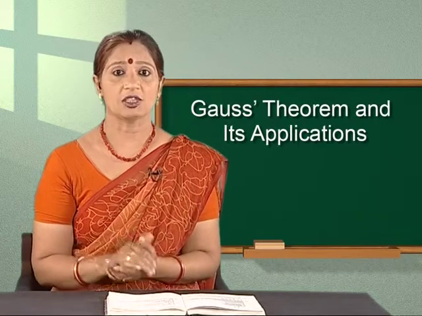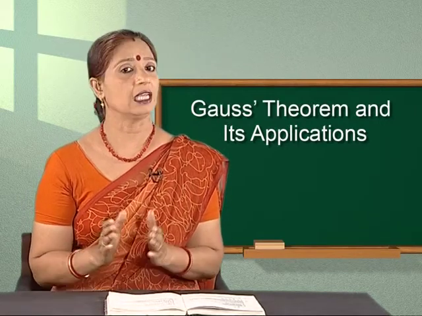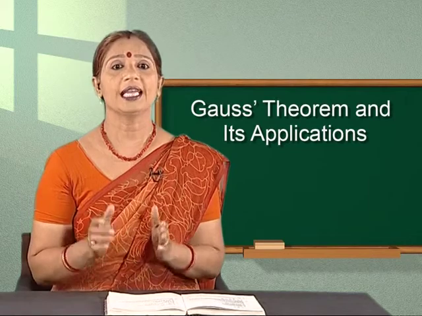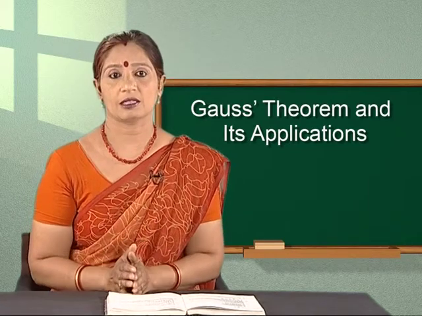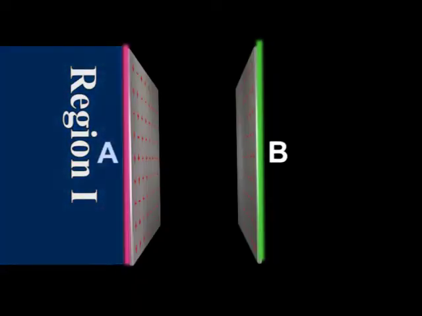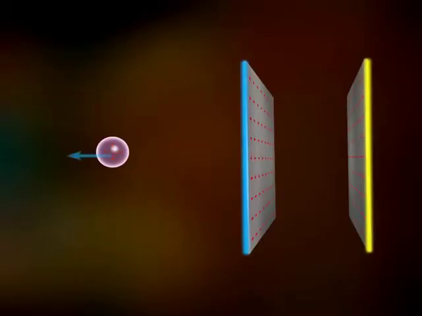Here, in each region, we will find the electric field due to each of these two parallel plates. In the first region, the electric fields due to both the sheets of charge will be from right to left, which is opposite to the direction in which distances are measured as positive.